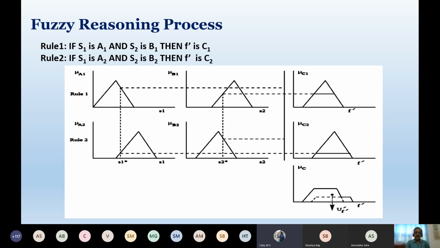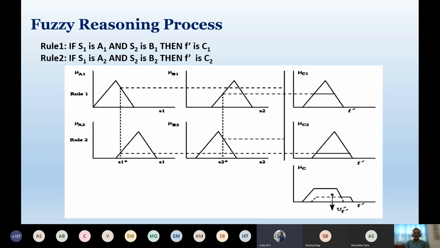I got that, but my doubt is why there is a dotted line between rule 1 and rule 2. That is just to explain clearly to you. I've drawn this dotted line up to this point, and after that I've extended it because this is found to be the minimum. This is drawn by me only.